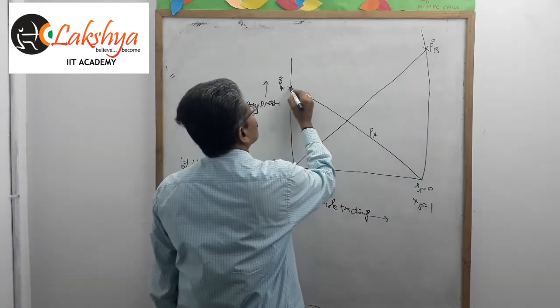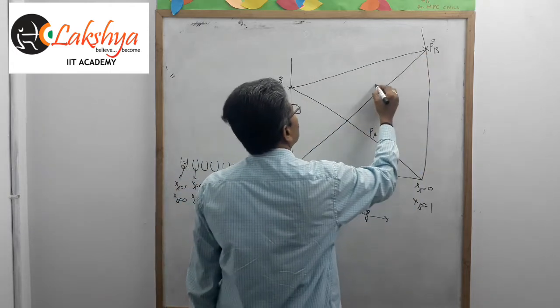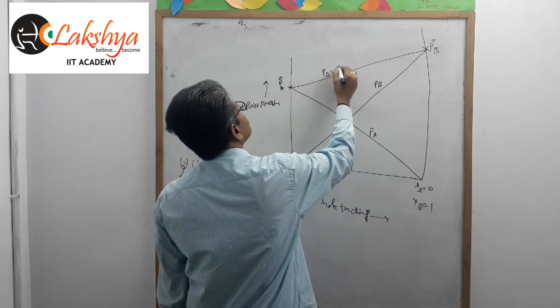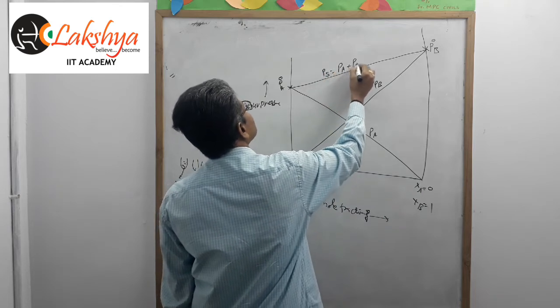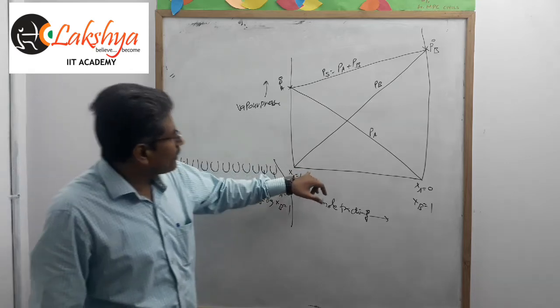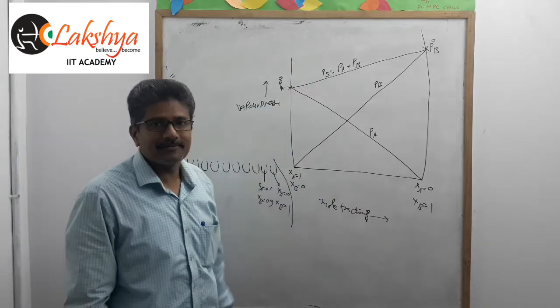And what is this graph? This is pressure caused by B, and this is called PS, which is PA plus PB. At any time, you can find the total pressure.